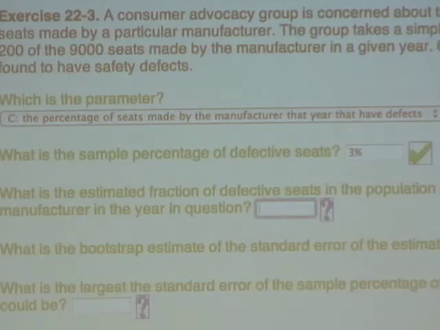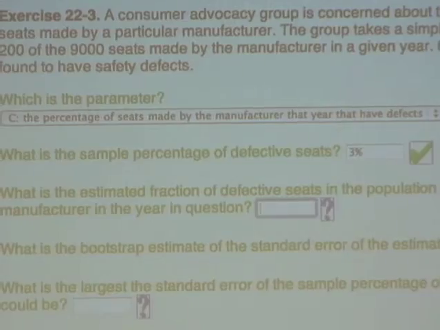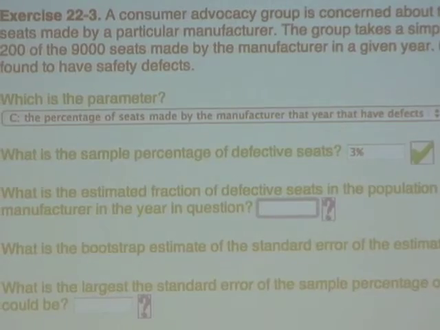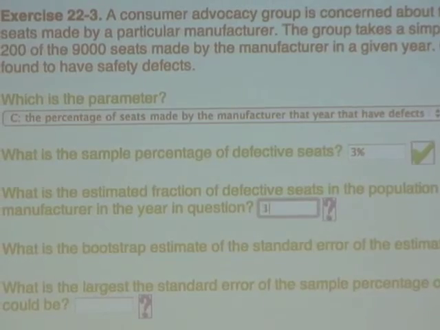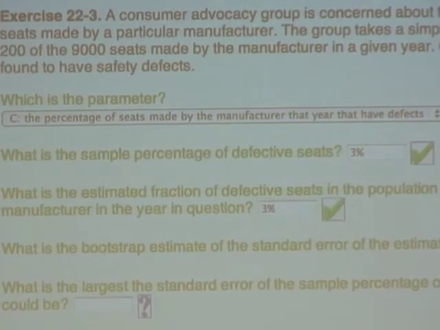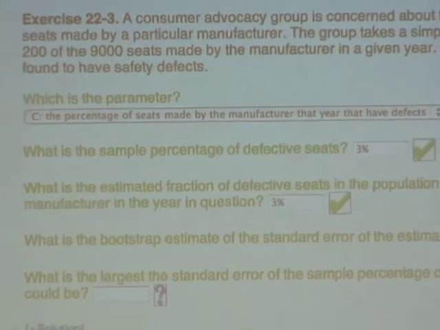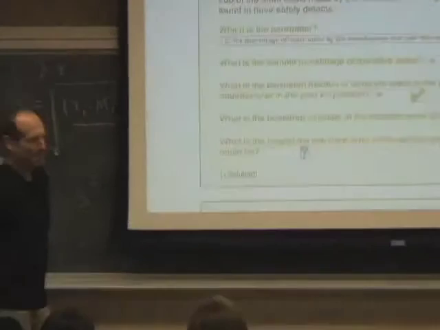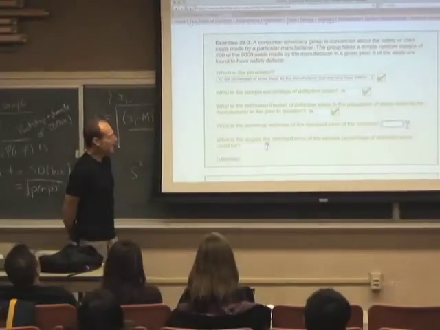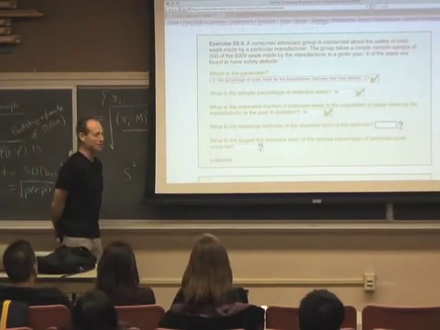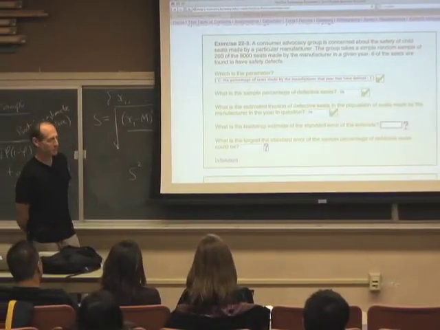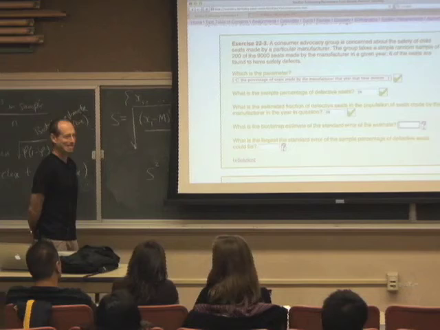We have the sample percentage. The sample percentage is a nice unbiased estimate of the population percentage. So why don't we use the sample percentage? How about 3%? We can always do that. That's kind of why we're calculating the sample percentage: to estimate the population percentage. And that's our best guess based on the sample.